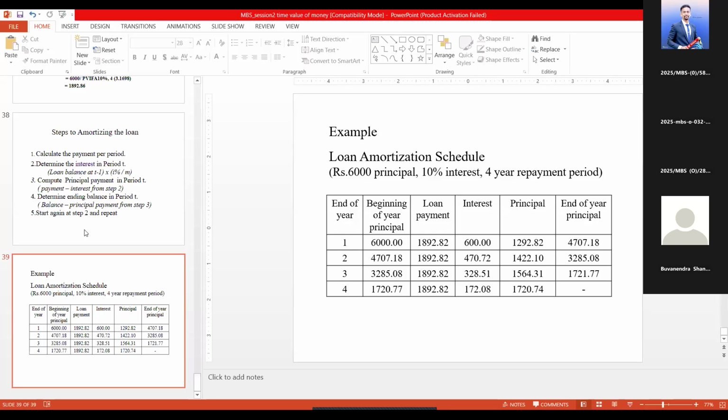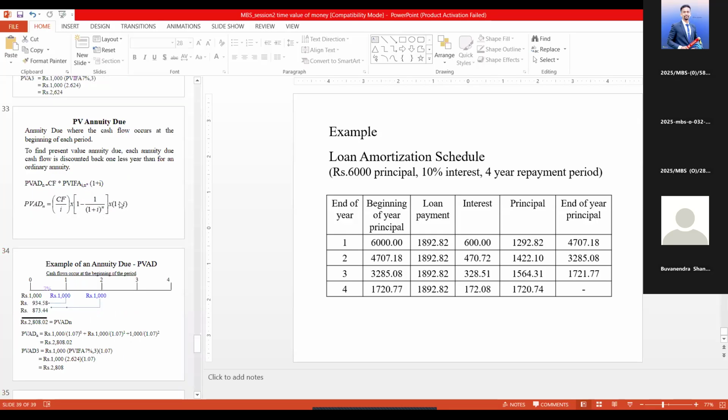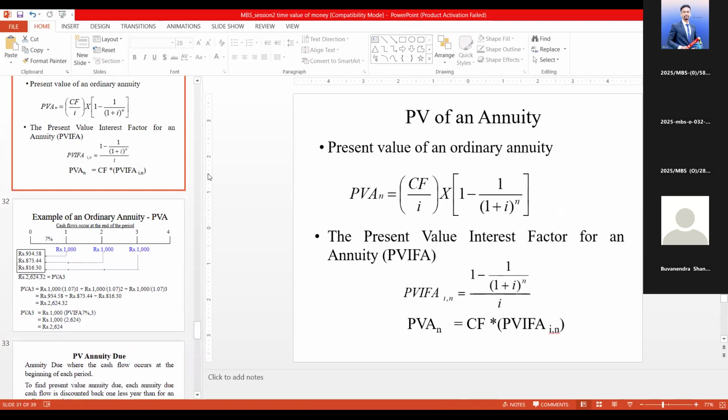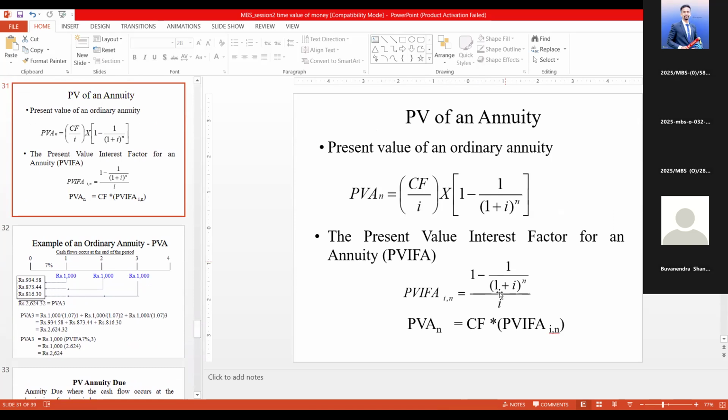The ordinary annuity equation is 1 minus 1 divided by 1 plus 0.05 to the power 25, divided by the interest 0.05. Then it comes as 14.09.